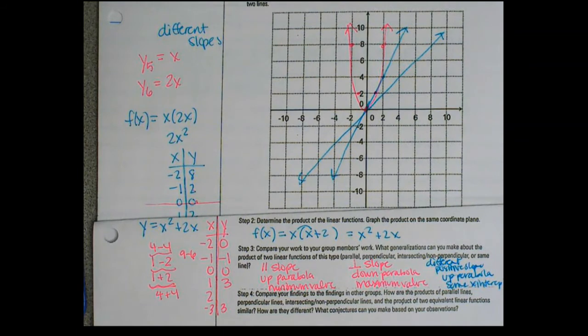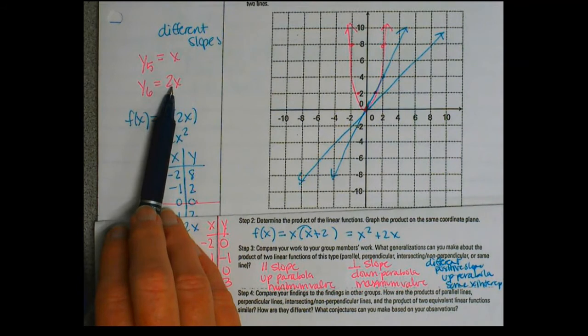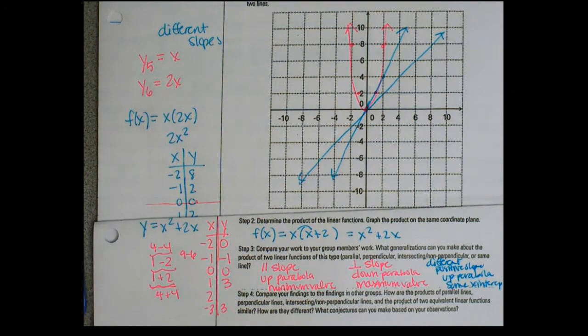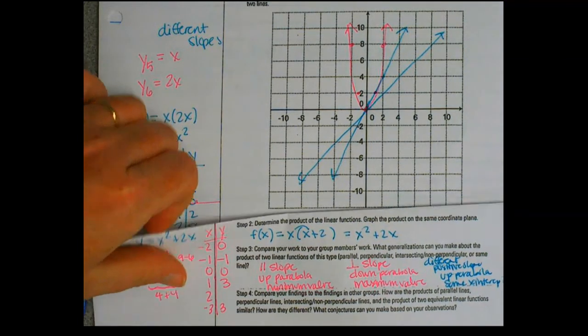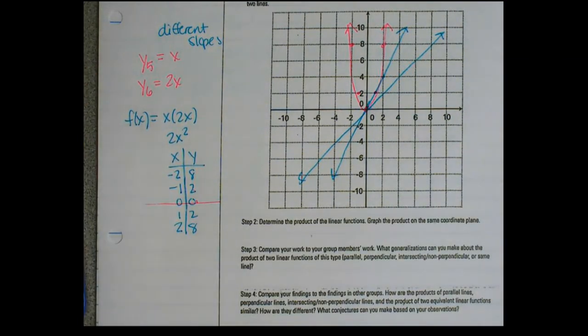So hopefully you've come up with some different lines on your own. You may have chosen a more difficult equation for your line. The ones I chose were very simple. And some of you chose some really great slopes, like slope of 4 or 5, but you ended up with a more difficult parabola to graph because your numbers got really big, and there's nothing wrong with that.